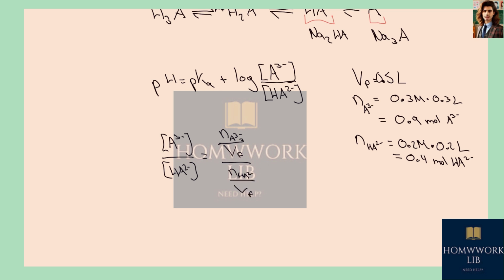Here you can see that the final volumes are going to cancel out in our scenario, so that ratio of concentrations is going to be the same as taking 0.9 divided by 0.4. That is going to give us a value of 2.25. Let me change colors. 2.25.